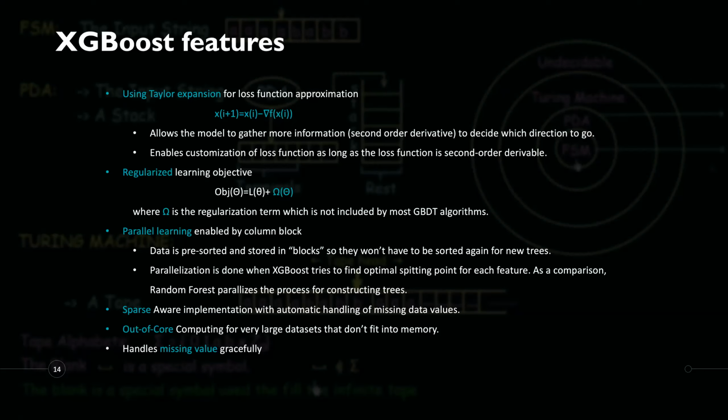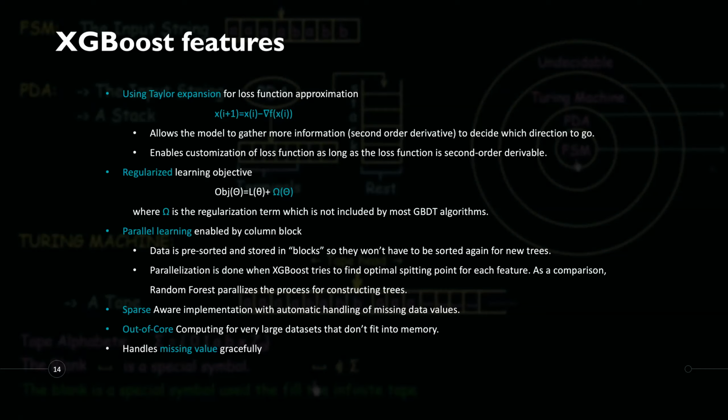Previously, I found it hard to imagine how you would parallelize the boosting algorithm. But it turned out that for XGBoost, and the same for LightGBM, the parallelization is not done when the algorithm constructs new trees.